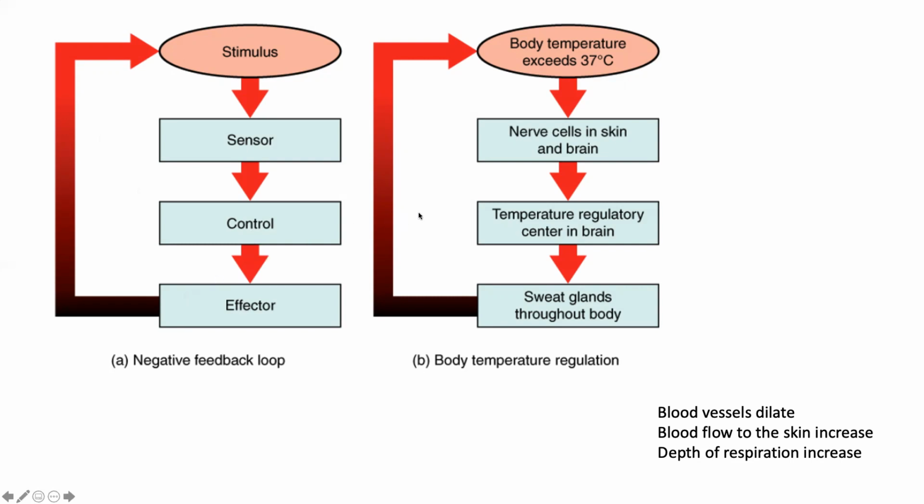If you look at this diagram, body temperature is 37 degrees centigrade. We try to maintain very closely around that temperature. Once the body temperature has exceeded 37 degrees centigrade, the nerve cells in the skin and the brain will detect it, and it will go to the thermoregulatory center, the temperature regulatory center in the brain.